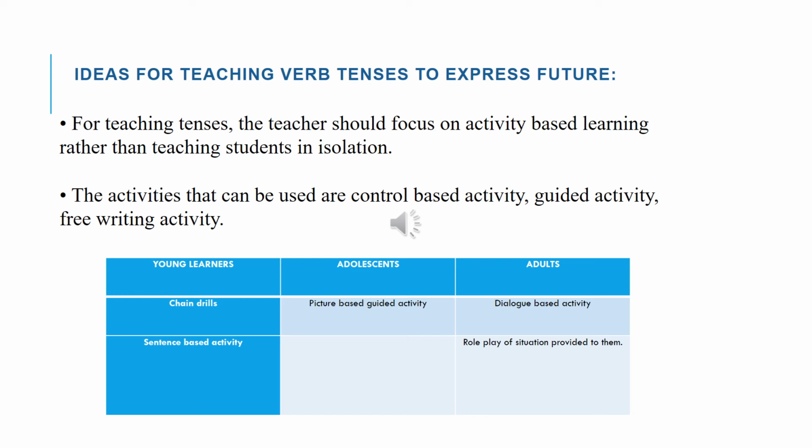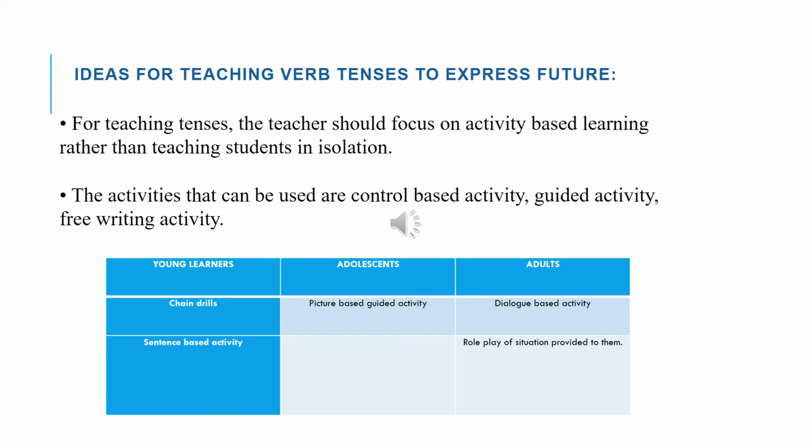So there are certain things that you have to keep in mind when you're planning lessons. The age of the students is quite important. What learners are you tackling with? Are they young learners, or adolescents, or adults?